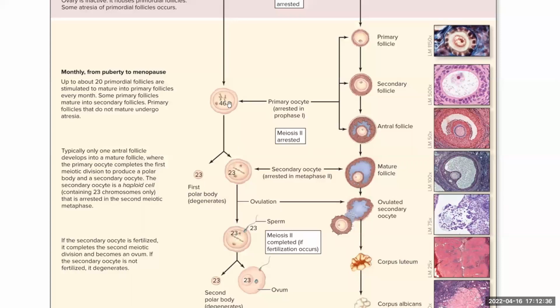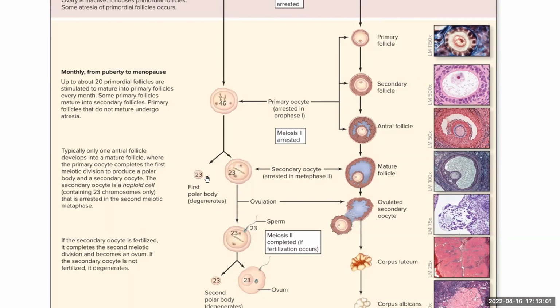Where we had a cell at the beginning of meiosis starting with 46 chromosomes, we now end up with 2. So we have a diploid cell, we end up with 2 haploid cells. One of those haploid cells is our secondary oocyte, and it stops meiosis at metaphase 2.